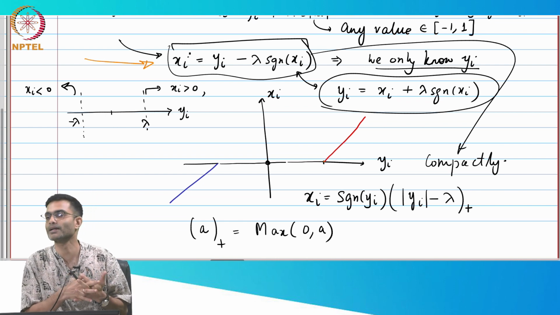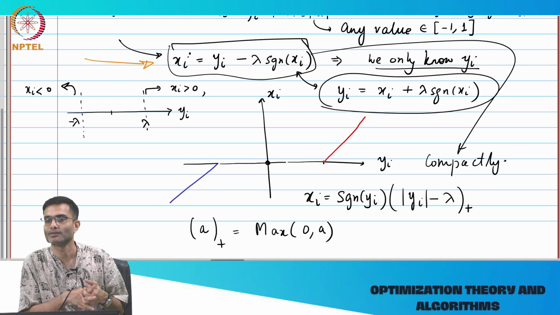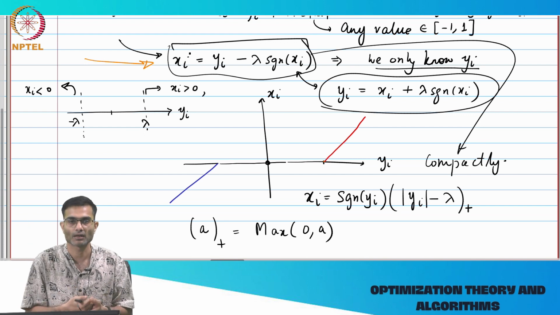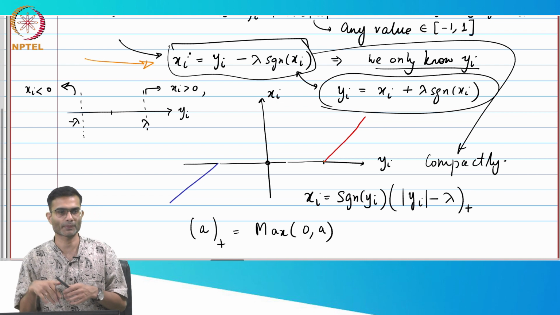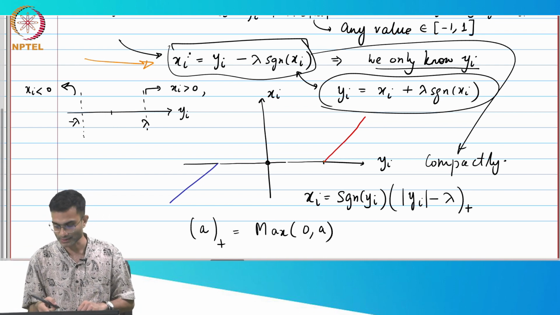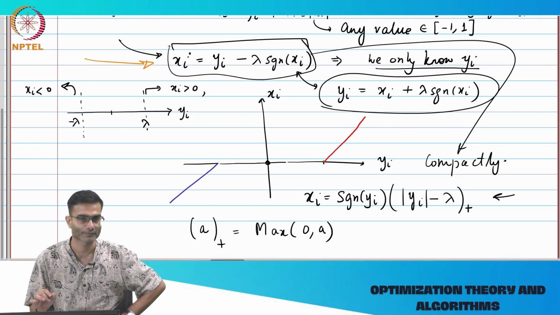So in layman's words, what would you call this? Thresholding. Or clipping, right? You're clipping a signal to not go negative. So this expression over here explains the graph.